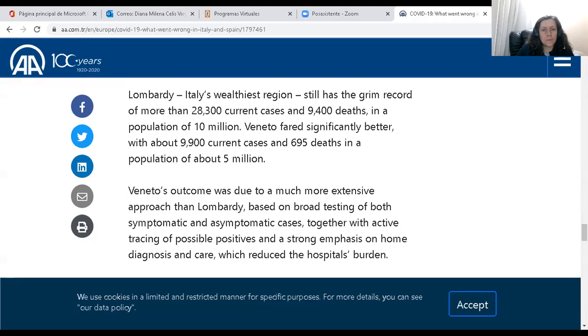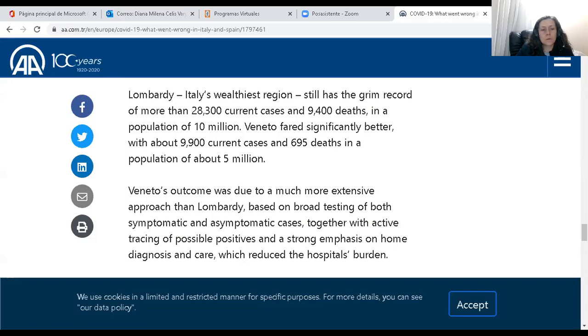Veneto fared significantly better, with about 9,900 current cases and 695 deaths in a population of about 5 million.